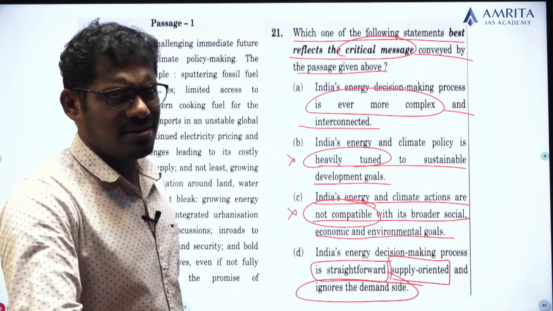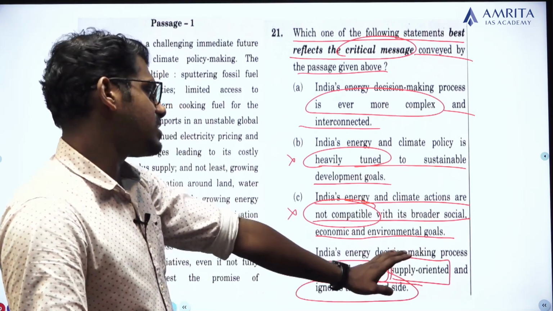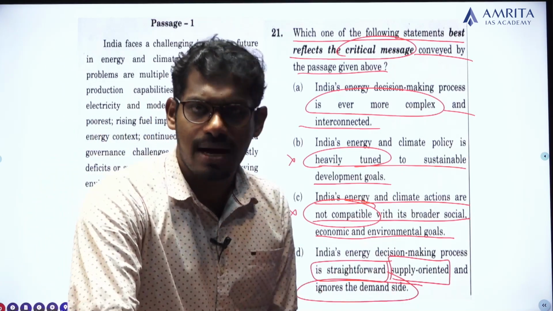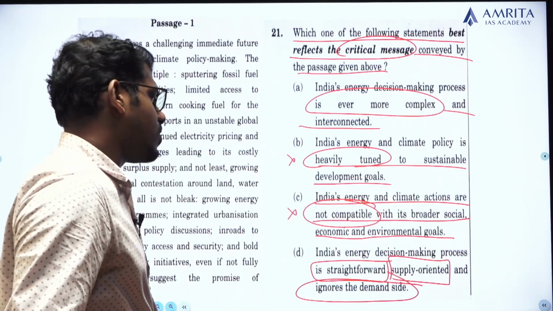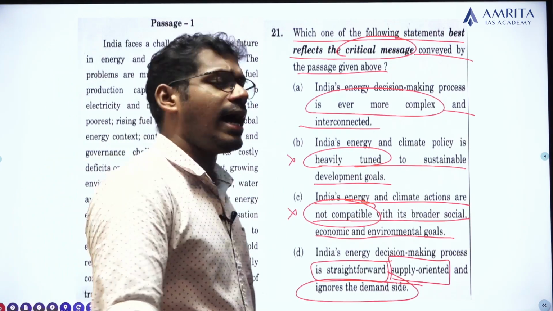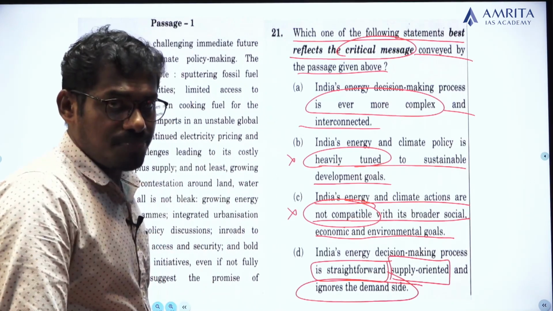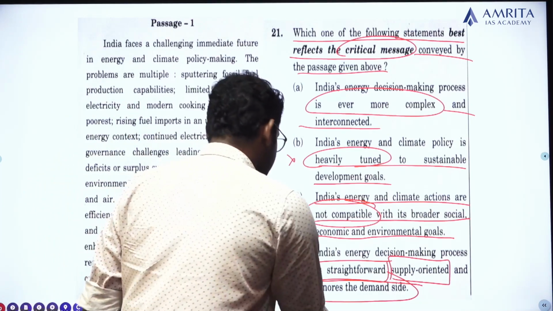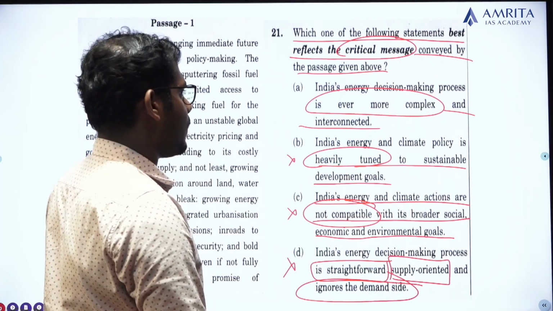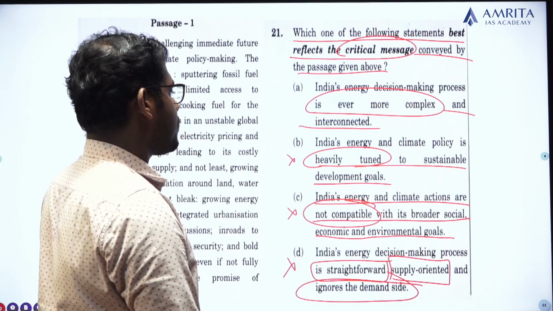Can you think that the passage given to you will say that India's energy decision making ignores the demand side? No. India's energy decision making process is supply oriented and also demand oriented. Clear? It also considers the demand side. So this statement is incorrect. So I can see that the first one is correct. So I am going with option A.